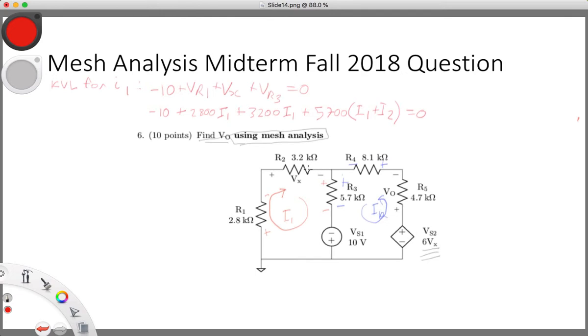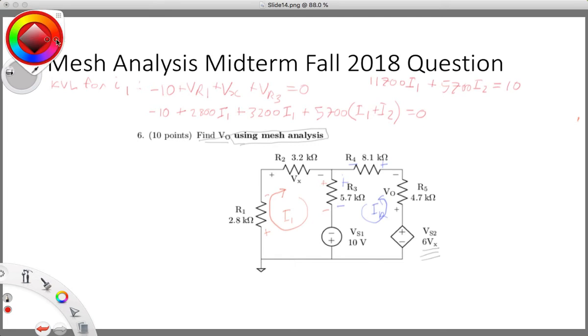Okay, so now I can group like terms, and I get 2800 plus 3200 is 6000, plus 5700 is 11,700 I1, and plus 5700 I2 equals 10. Okay, so there's my KVL equation for the loop I1.